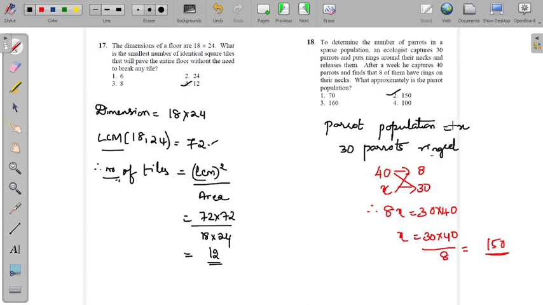So I am considering the parrot population as X. Out of those, 30 parrots were ringed. And 40 were captured, 8 parrots were having the ring. So for 40, 8 parrots had ring and 30 ringed in total. How much is the parrot population? Just the cross multiplication, 8x equal to 30 into 40, x equal to 30 by 8 into 40, that gives you 150. Answer is second option.